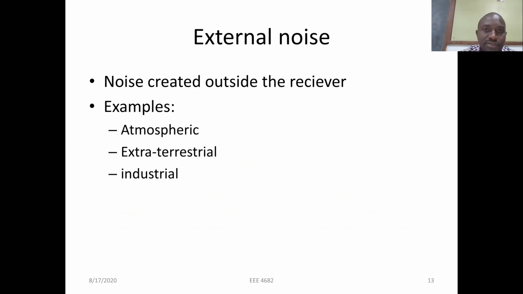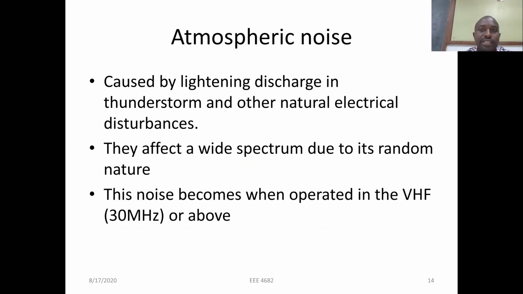External noise is noise created outside the receiver, and examples of such are what is known as atmospheric noise, extraterrestrial noise, and industrial noise. Talking about atmospheric noise, this is noise caused by lightning discharge in a thunderstorm and other natural electrical disturbances. This type of noise does affect a wider spectrum due to its random nature.